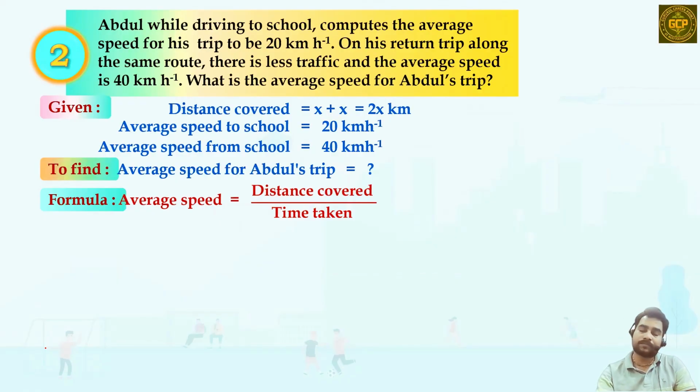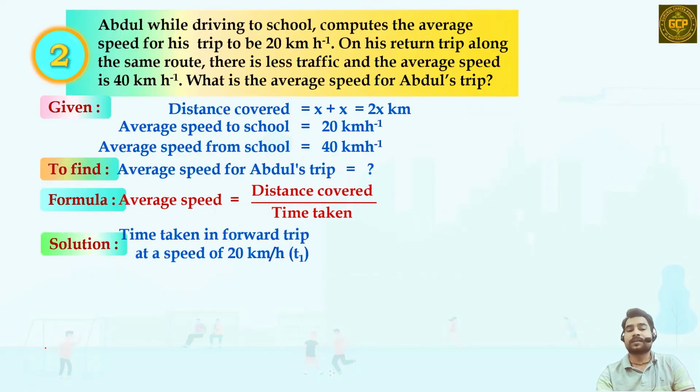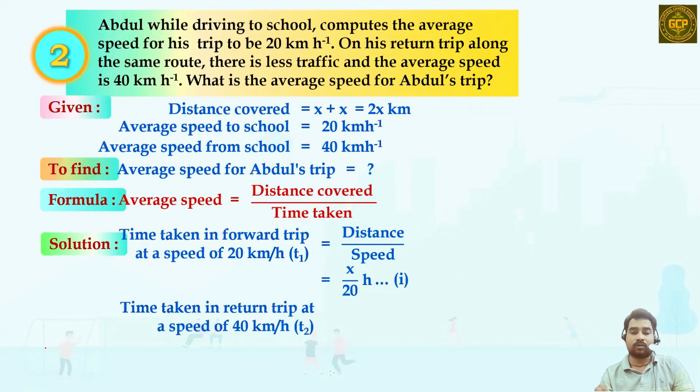The formula is total distance upon total time. This time the total distance is already given, but the total time is not. So the time taken in the forward trip, we already know, time taken would be distance upon speed. So T1 is going to be x upon 20 hours, while in the same manner T2, or you can say the return trip time, is going to be x upon 40.